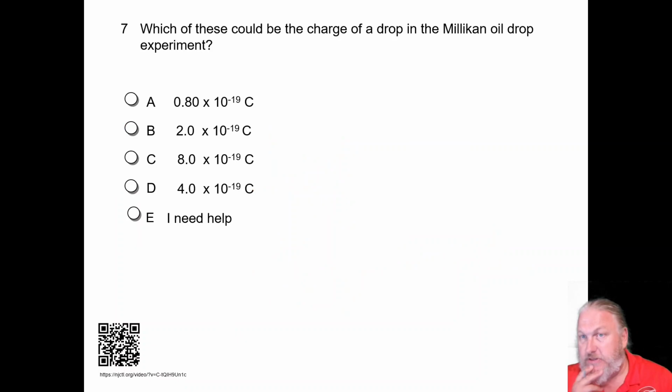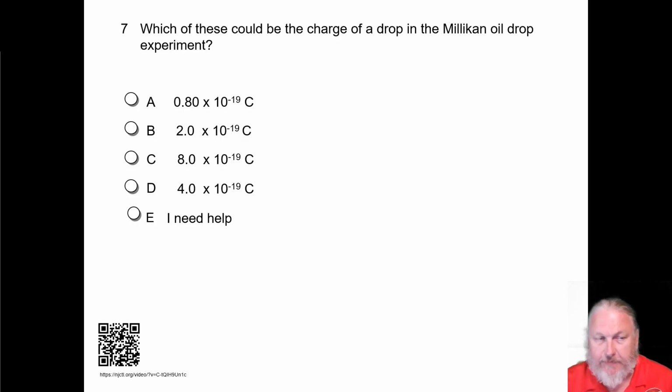So which of these could be the charge of a drop in the Millikan oil experiment? Take a break, take a second, and we'll find out.